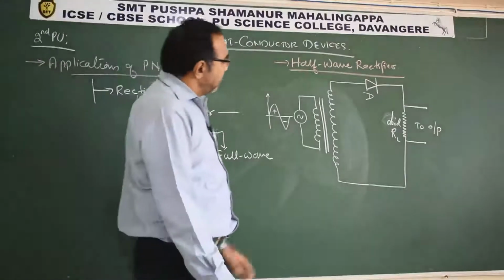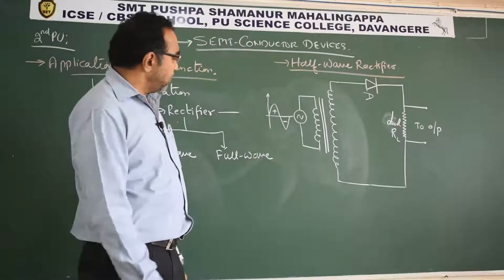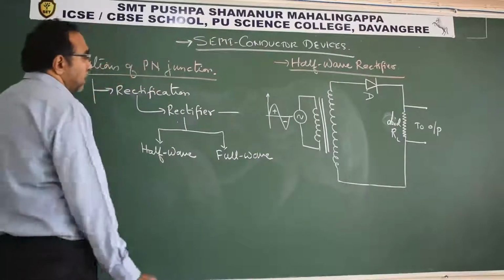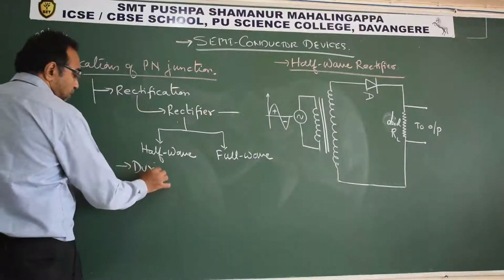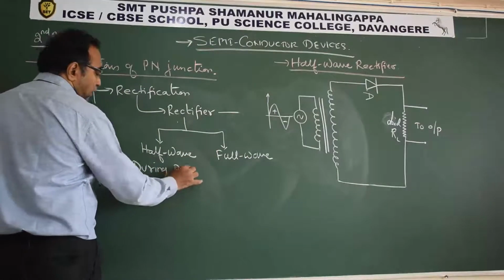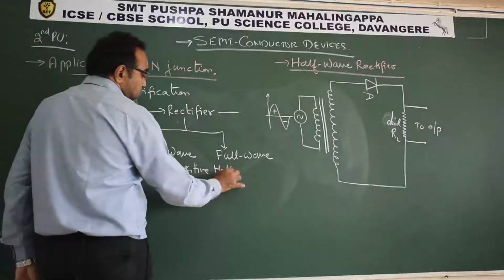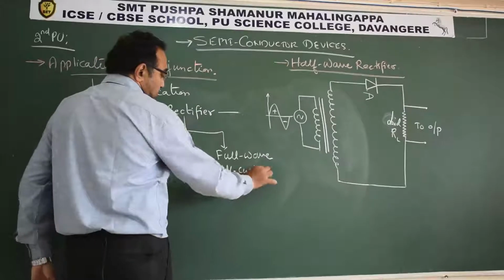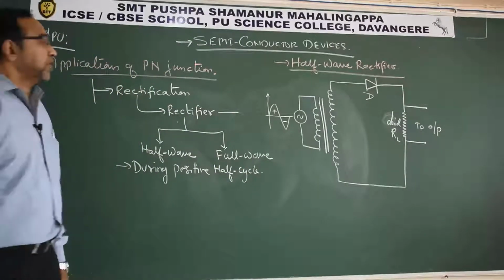Now, how exactly are we able to achieve rectification? In order to understand that, I have to take what happens. See, first stage, during the positive half cycle. During the positive half cycle, what do we get?